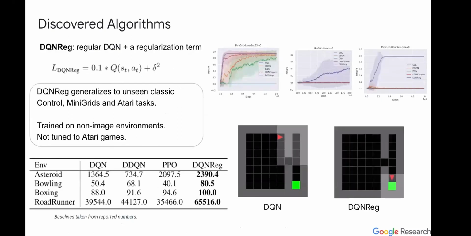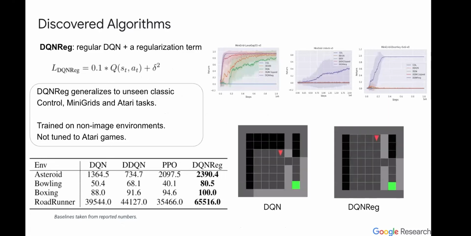Here we highlight one of the discovered algorithms from this evolution process. We name it DQNReg because it's just the standard DQN algorithm plus a regularization term on the Q values. By some analysis, we can show that this regularization term helps the agent do more exploration, which is very critical for some reinforcement learning problems.